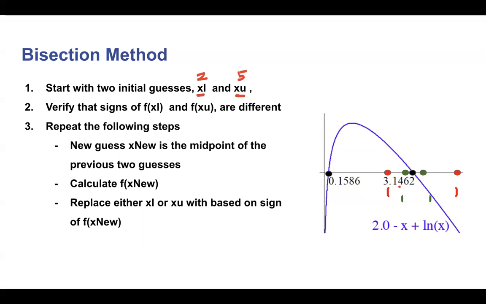Now, when you start the bisection method, one thing you have to keep in mind is that you can give any initial guess, but the condition is that the function values at these initial guesses should have opposite signs. You have this function, 2 minus x plus ln x. This is your function f of x.